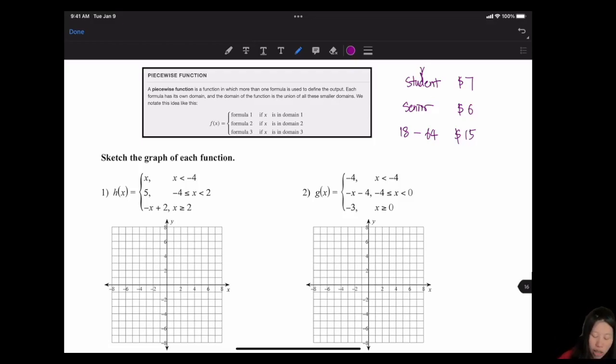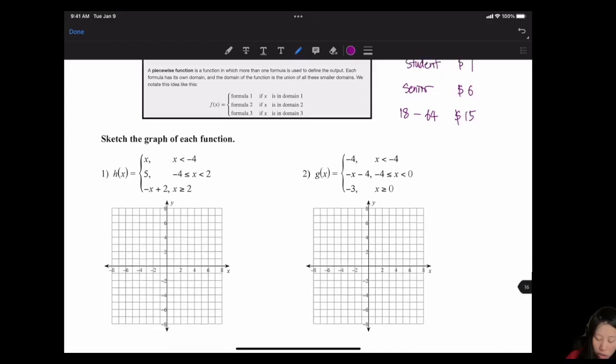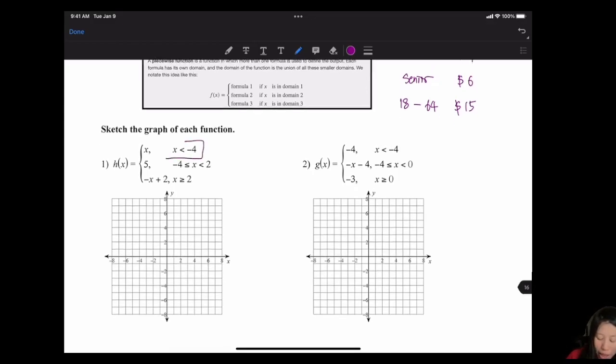Okay, so now look at this function. Sketch the graph of each function. When x is less than -4, which is the left part, when x equals -8, -6, -4, as long as it's less than -4, the output is going to equal x. So now let's find 2 points. We know that this is going to be a linear function.